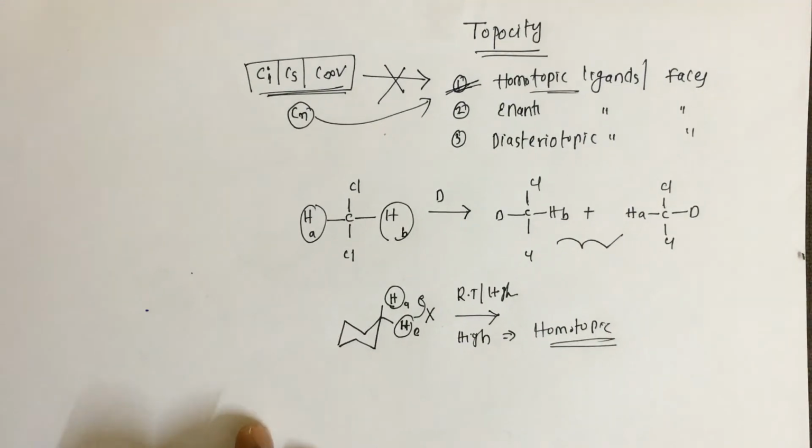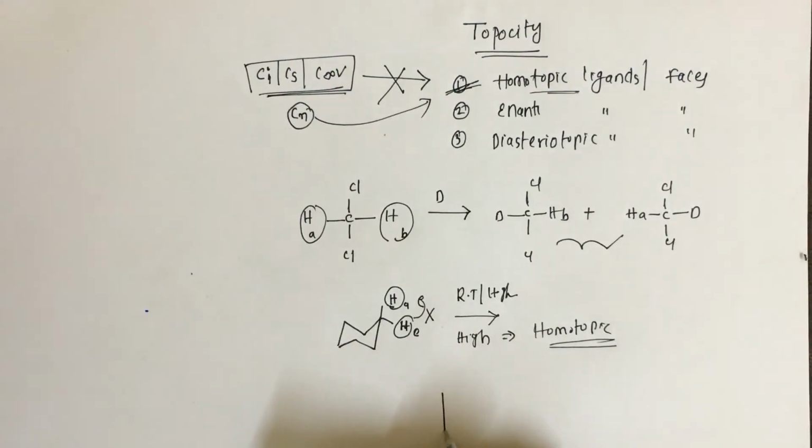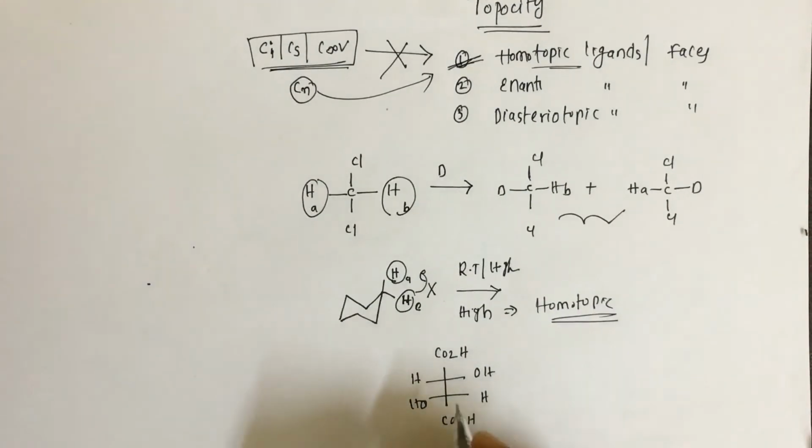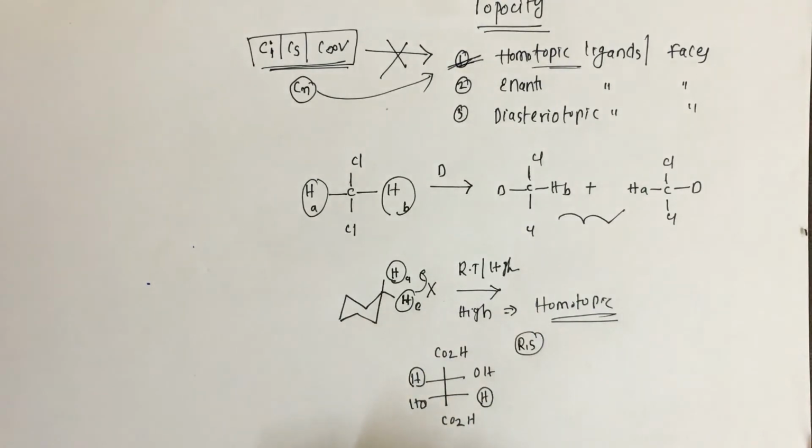Next we can also take this system, tartaric acid, with H, OH, H and OH. When they ask about this kind of hydrogens, we have to go for the R and S nomenclature so that it will be very easy to identify.